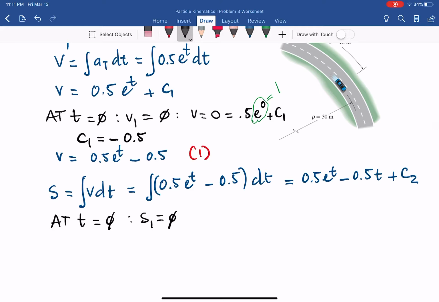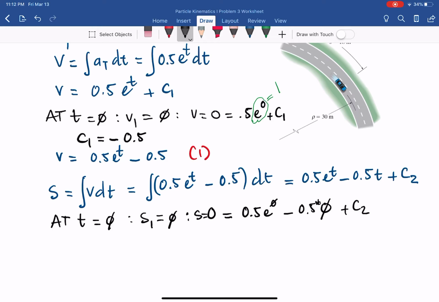So when we plug it into that equation, what we have is 0, that is s, right? s equals 0 and is equal to 0.05 e^0 minus 0.05 times 0 plus C2.